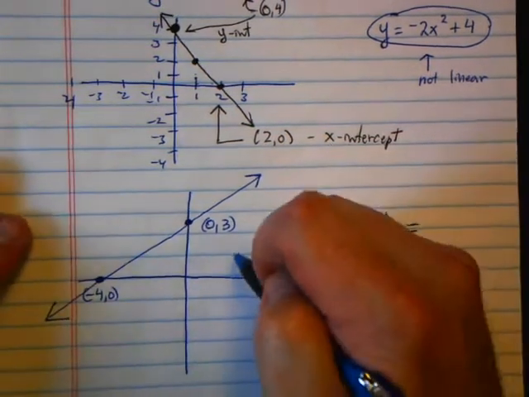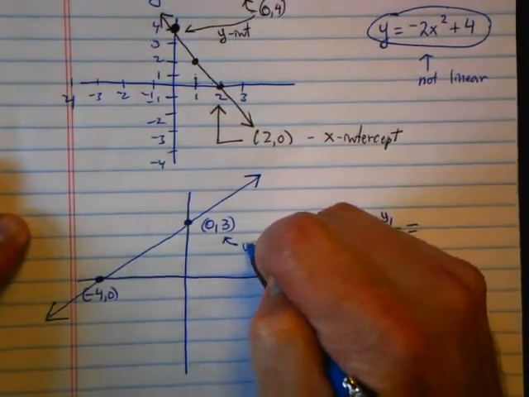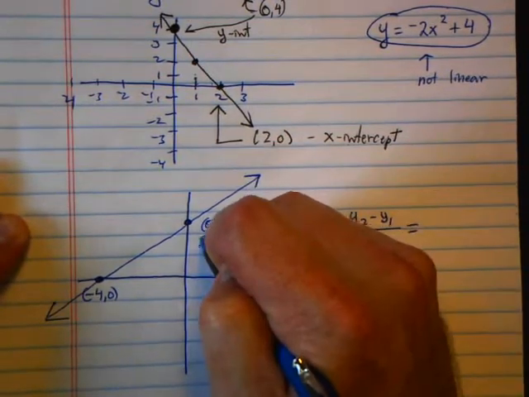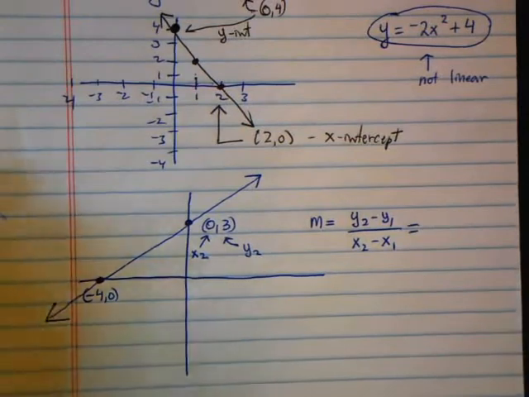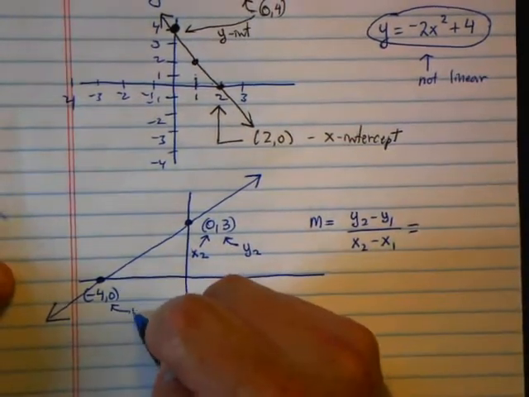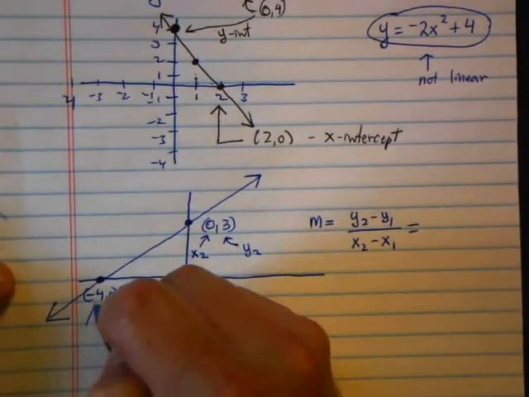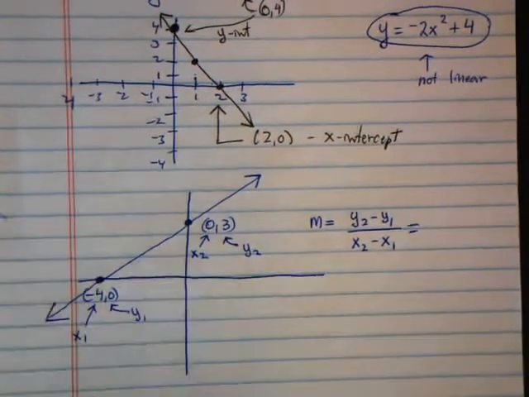Personally, if I were doing it, I would probably call this one y sub 2, which means this 0 right here is x sub 2. And once I decide that, then that means this 0 is y sub 1, and that one is x sub 1.